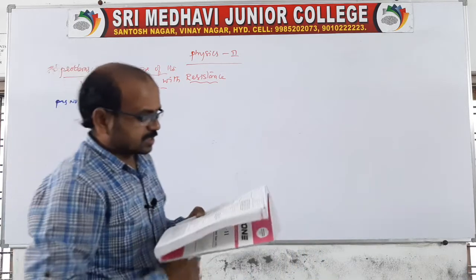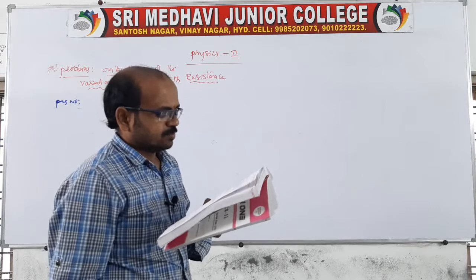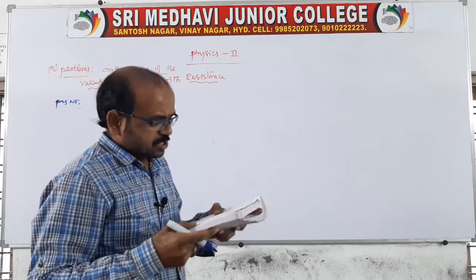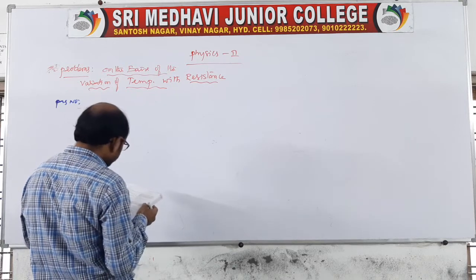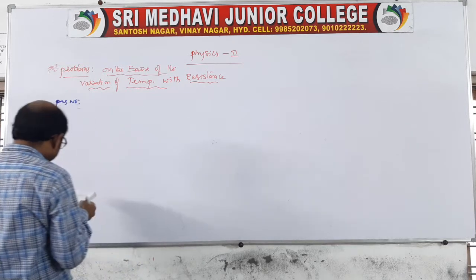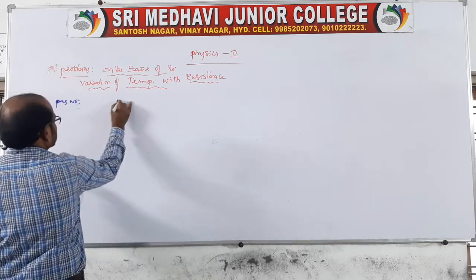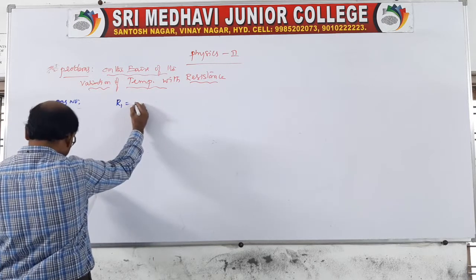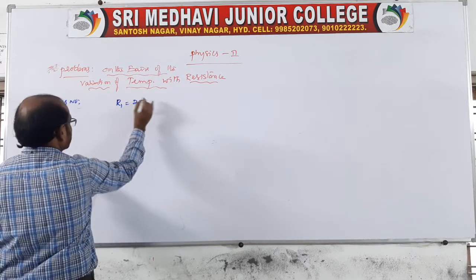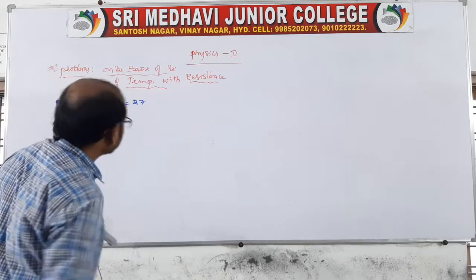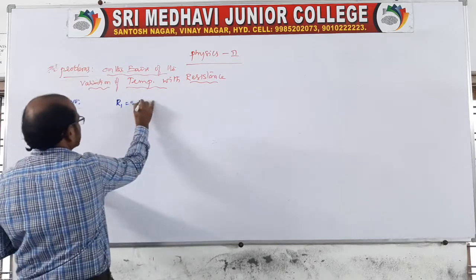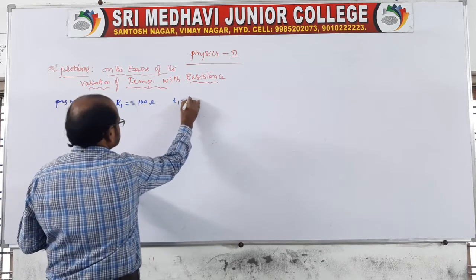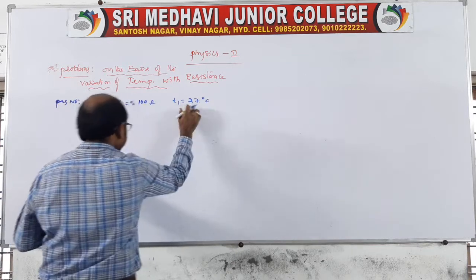Read the question. At room temperature, that is 27.0 degrees Celsius, the resistance of a heating element is 100 ohms. So R1 is given as 100 ohm at this temperature, 27 degrees Celsius, because it is room temperature.